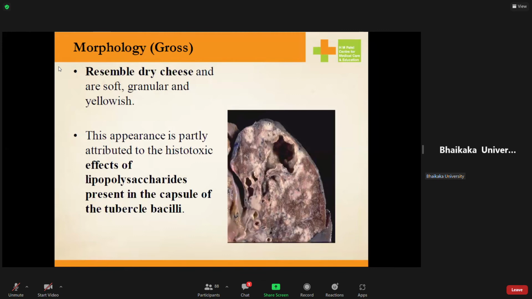You have learned that in the tubercle bacilli, the outer wall is made up of lipopolysaccharide. Okay, and this lipid material causes the histotoxic effect, and it gives the necrotic appearance, so this looks cheesy in appearance due to the lipid histotoxic effect.